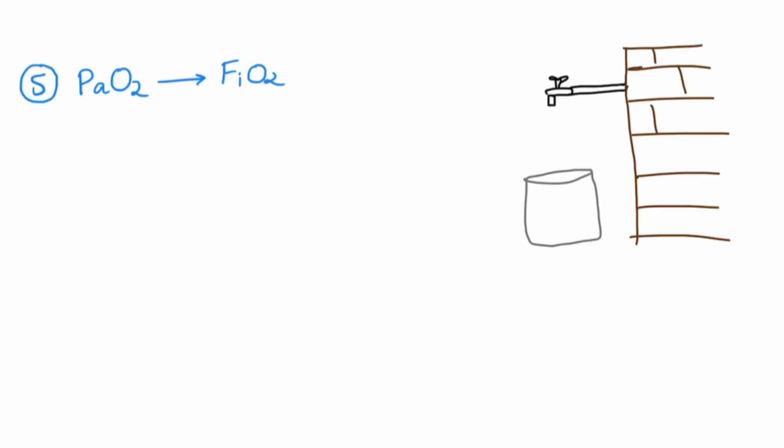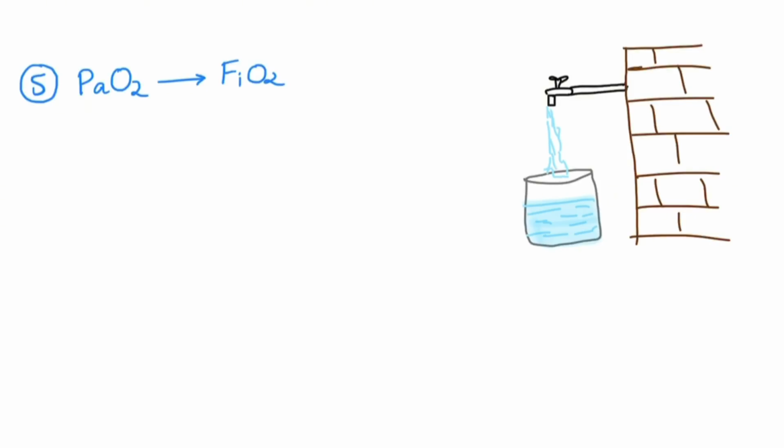So let's just look at this diagram. We have a bucket and we have an old school tap. Let's say we turn on the tap and the water is coming down and going into the bucket. The water that we are supplying is basically the FiO2, and the water that is contained in the bucket is basically the partial pressure of oxygen.